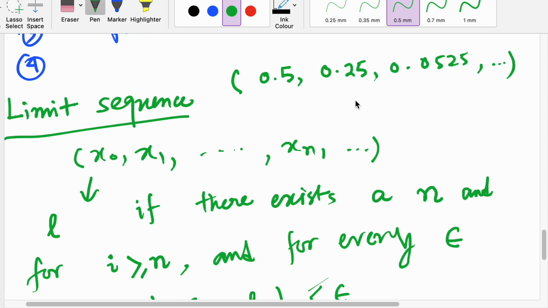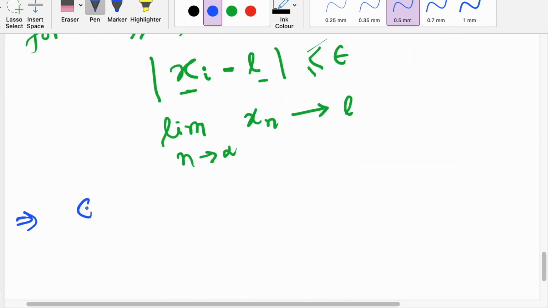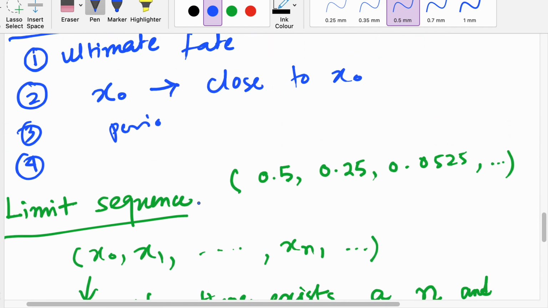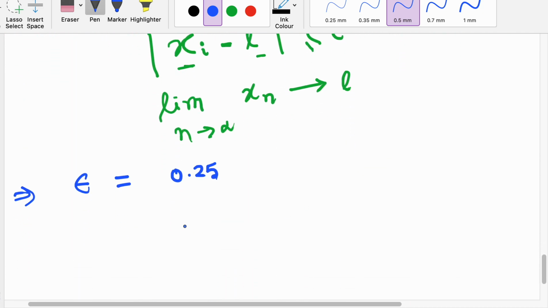Now we will say that this has a limit 0. Suppose I choose epsilon equal to 0.25, and if I take n equal to 1, I know that for n greater than 1, all iterate values will be less than or equal to epsilon.